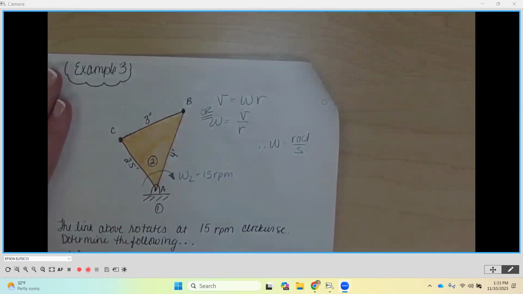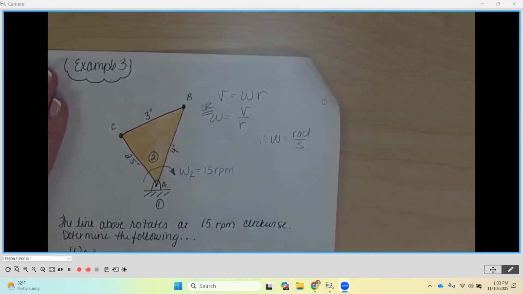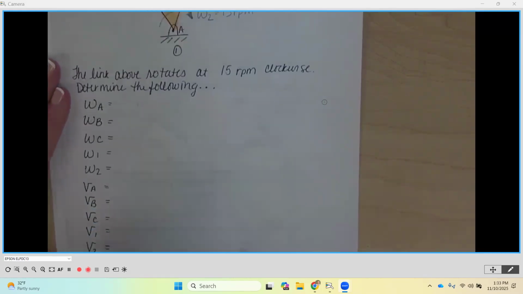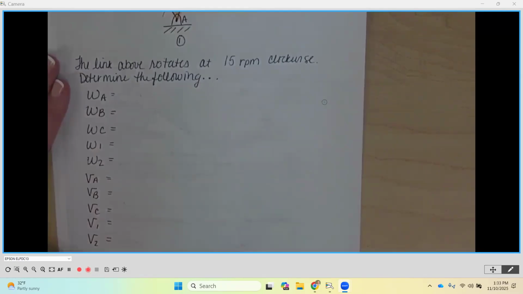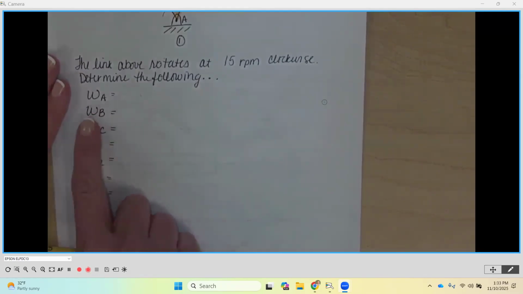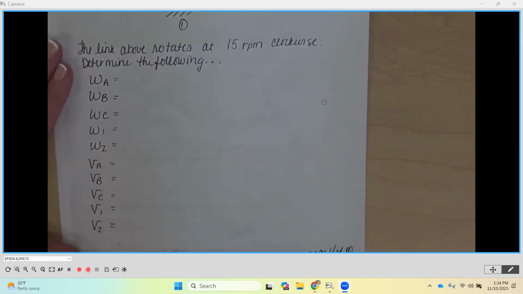So with that as an introduction, what I want you to do is find out how many of these values down here you can fill in. The angular velocity of point A, point B, point C, link 1, link 2, and then the straight line velocities of the items seen here. In some cases, you might be able to directly put it in.